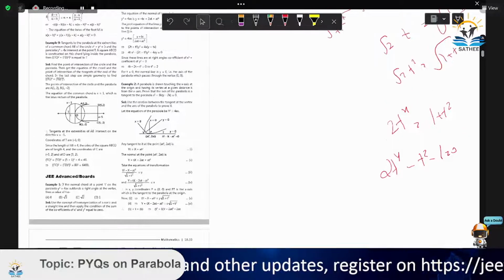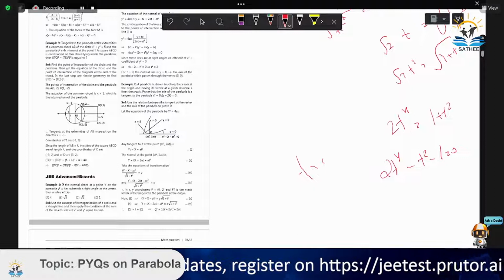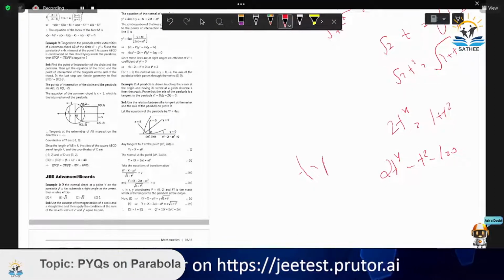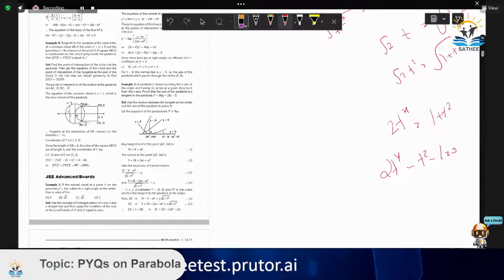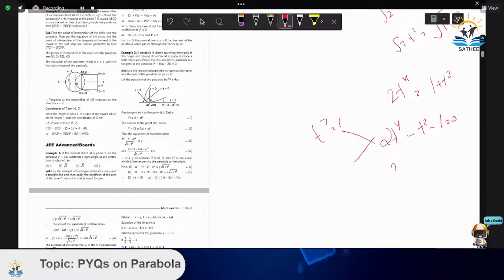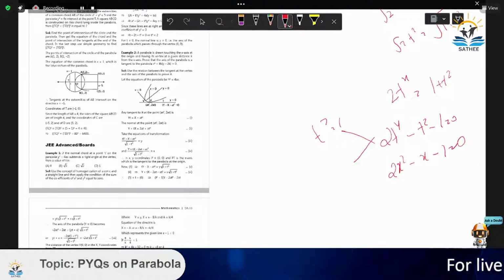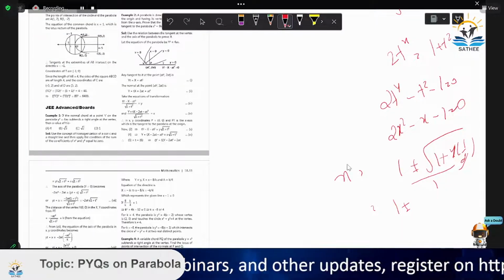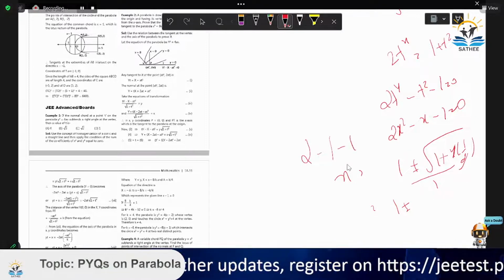And the valid root here, right? If I take 1 here, so 2 minus 1 and minus 1 would give me 0. 1 is the root here.